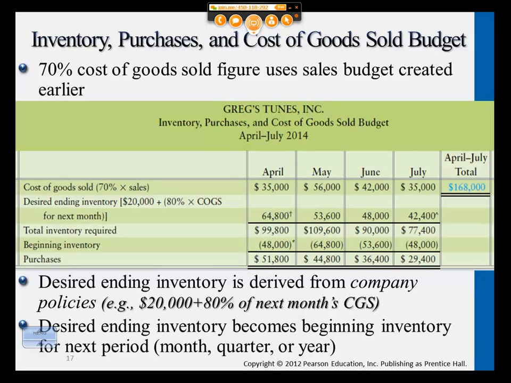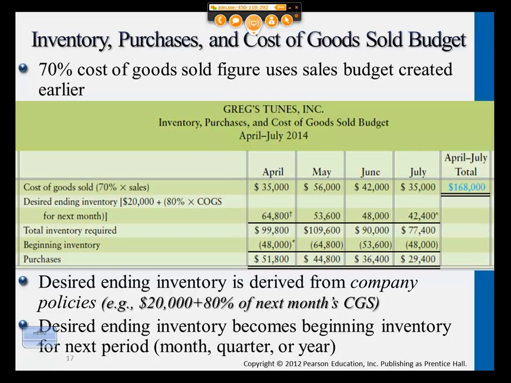So if the company's policy states that you add $20,000 to 80% of the next month's cost of goods sold, that's what you do, right? And then next on the line is our total inventory required. What are we doing here? We take the ending inventory of the previous month and it becomes our beginning inventory for the new month. Known concept, right? All right.